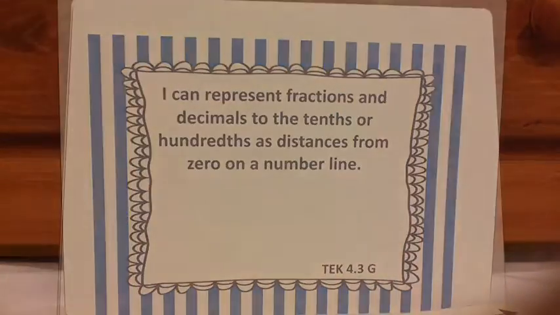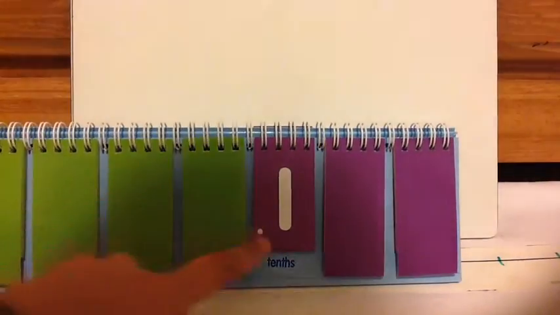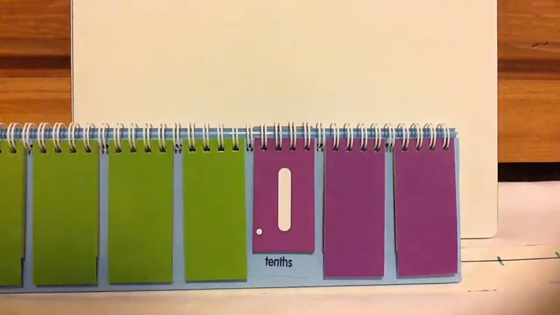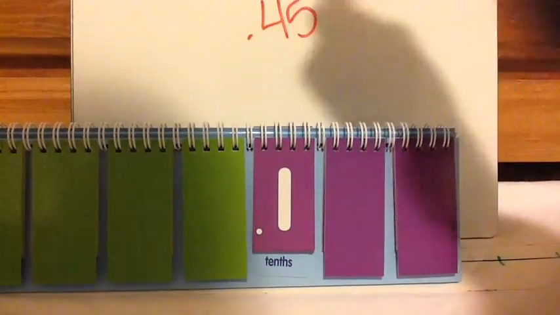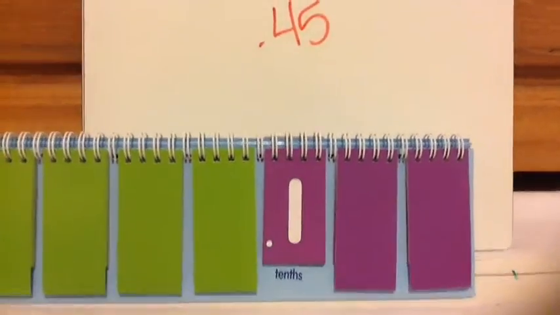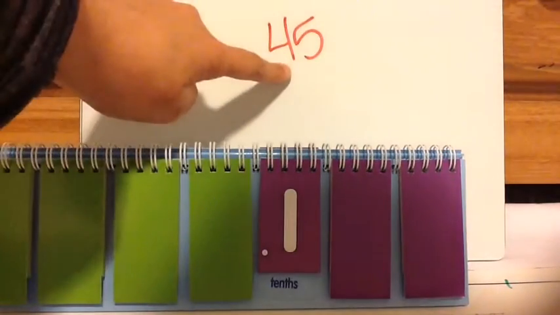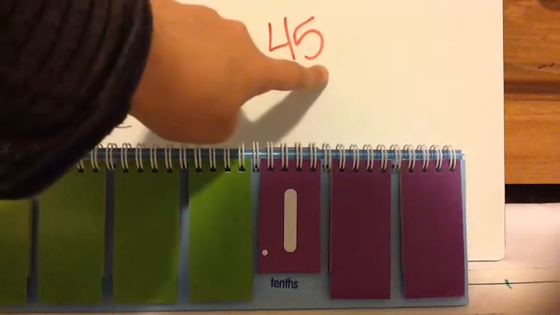So let's get started. Before I begin drawing on a number line, I just wanted to review a few things. I wanted to review decimal place value. So after the decimal, this is the tenths place. And the reason it's called the tenths is because we think of dimes that way. So like if I had 45 cents, that's like 4 dimes, which is 40 cents, and then 5 pennies.